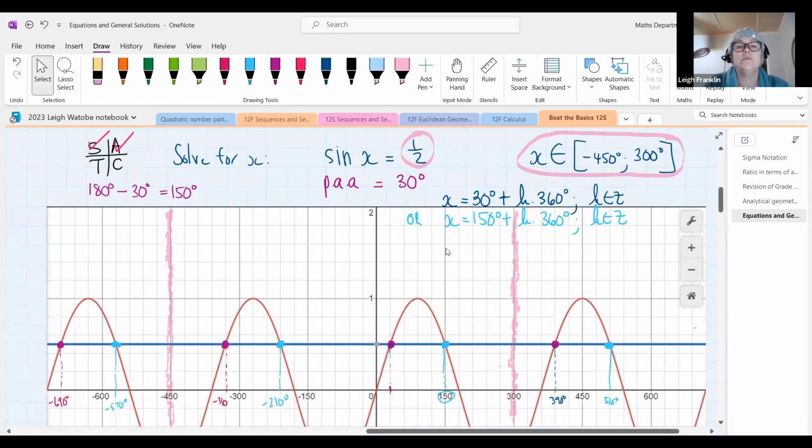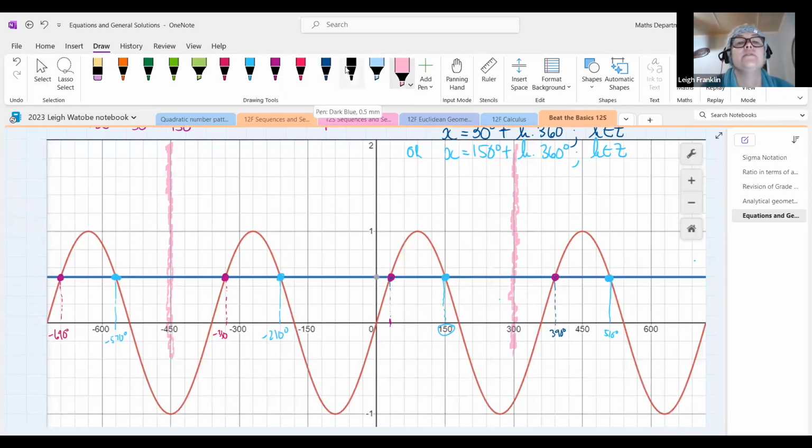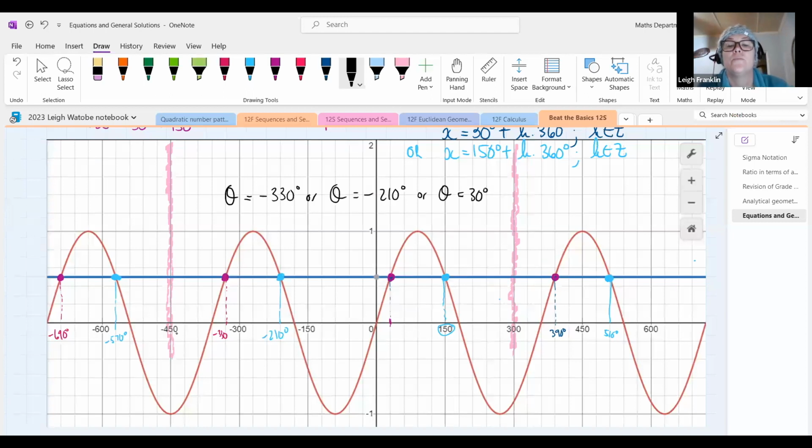So what angles between the two pink lines are our solutions? It would either be where theta was equal to minus 330, or where theta was equal to negative 210, or where theta was equal to 30, or where theta was equal to 150.